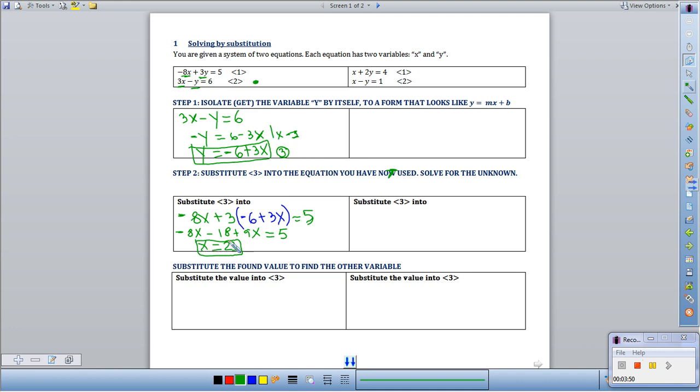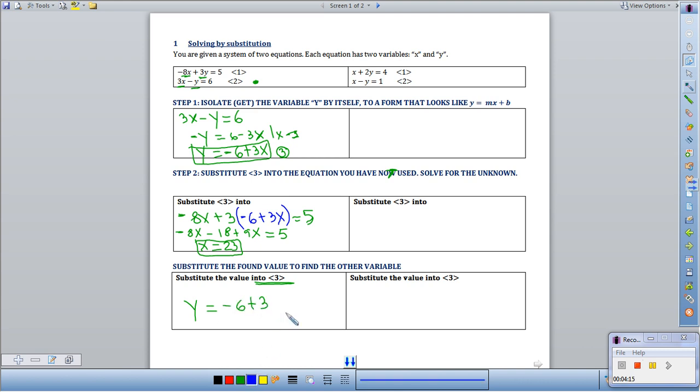Now that we have our x value, we are ready to find the y value for the system of equations. And let's look at the next step, what it says. It says substitute the found value to find the other variable. So substitute the value into that third equation. So we have y equals -6 plus 3.